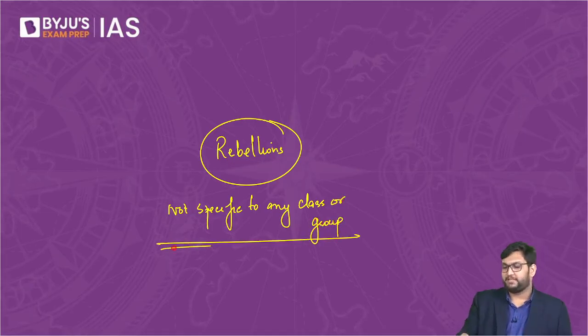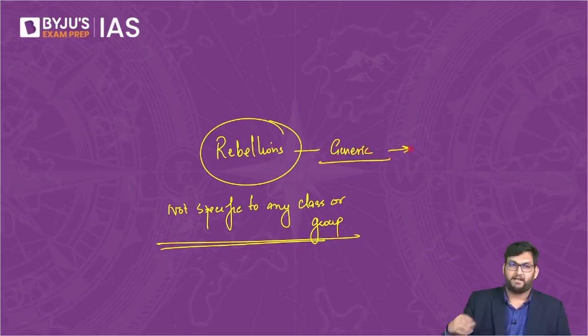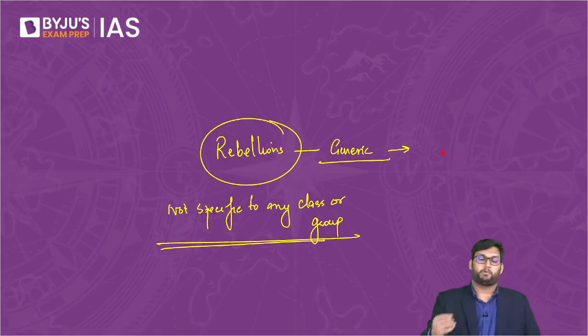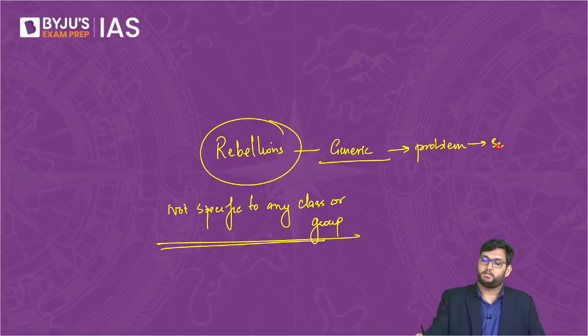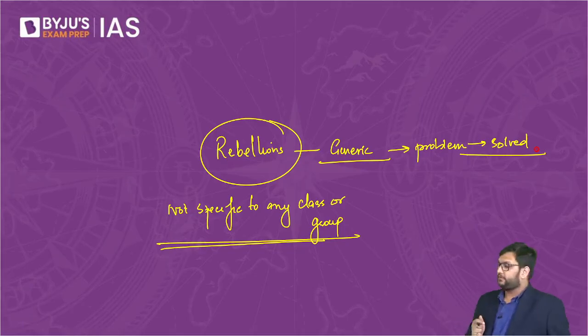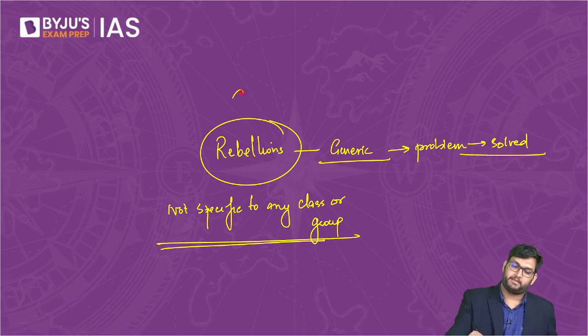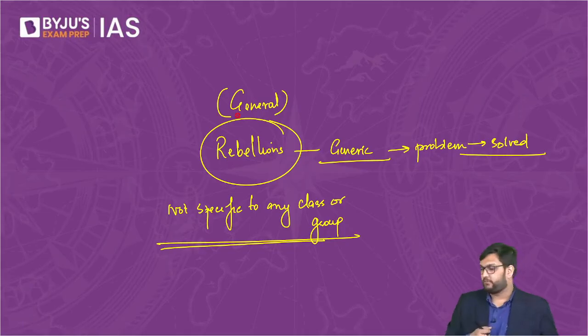They are basically what are called generic. Generic means that they had a grievance, they had a certain problem, and if that problem got solved, then it automatically fizzled out. So it's a general rebellion, not specific to anything.